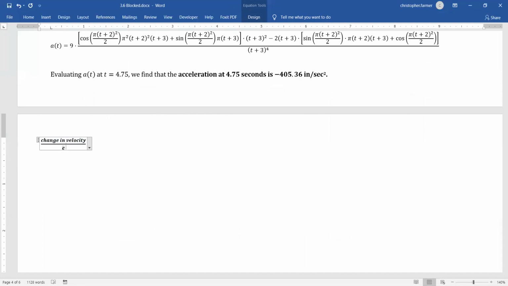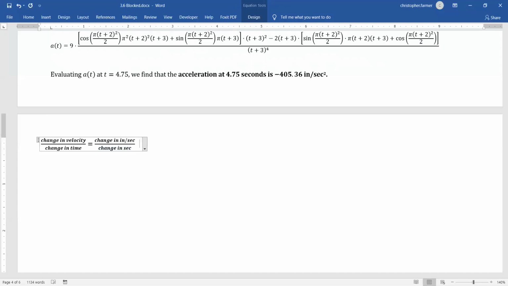This is a change in velocity over the change in time. I only write this out because I want to make sure you're clear about where that second squared comes from. Velocity is measured in this problem in inches per second, so this is a change in inches per second. And down below, a change in time is nothing more than a change in the number of seconds.